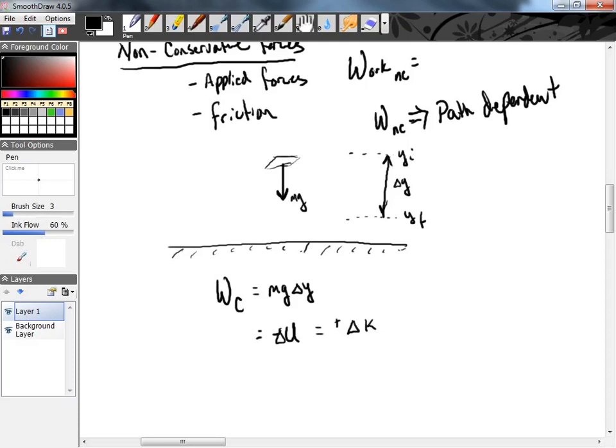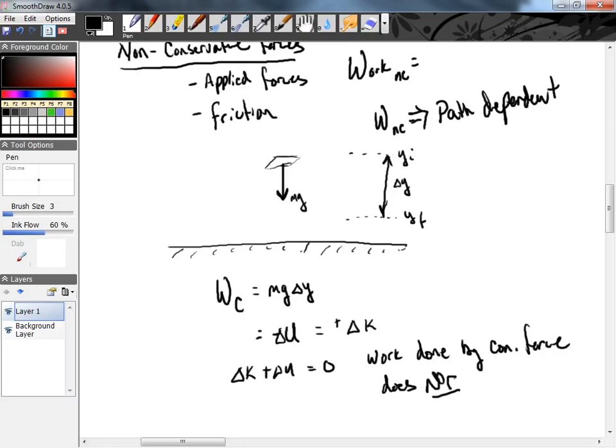So let's rephrase this. Delta K plus delta U equals 0. Or the work done by a conservative force does not change the energy of a system.